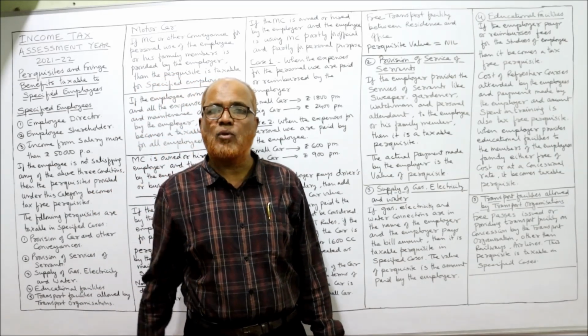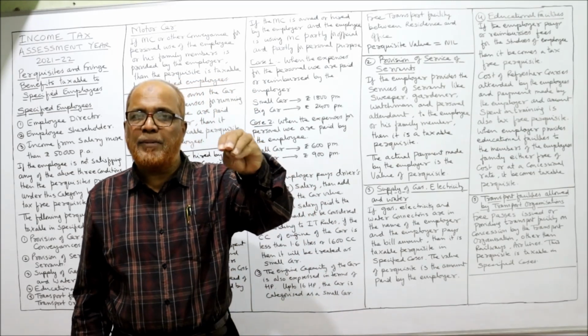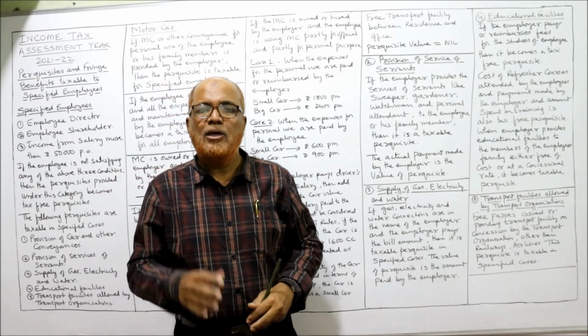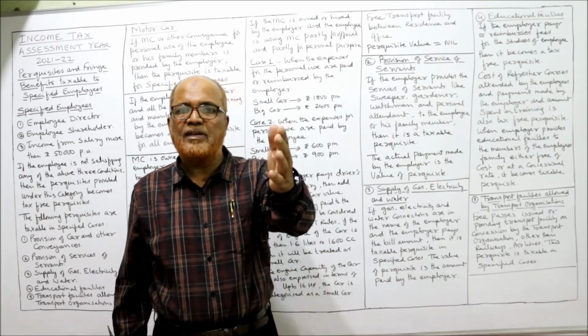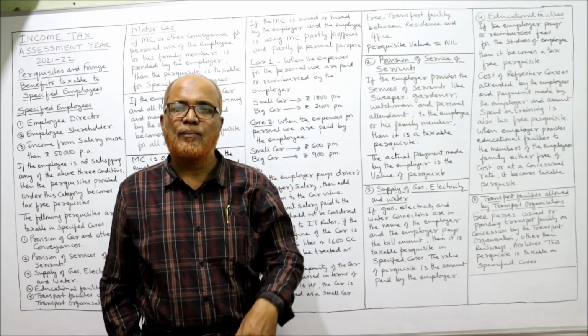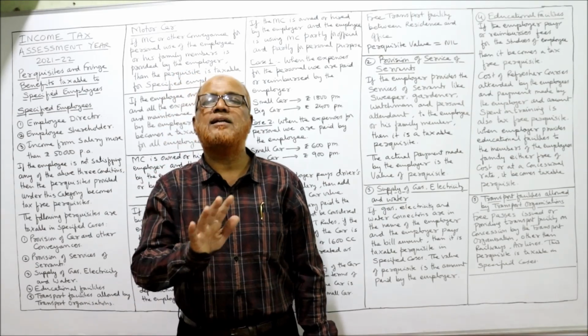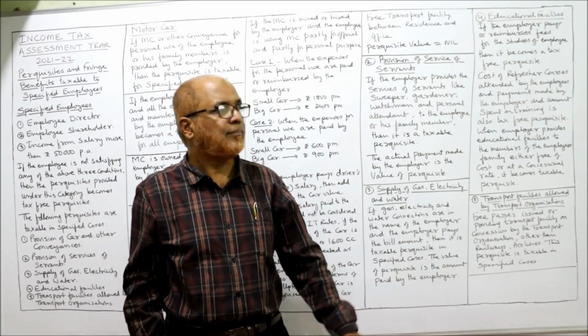Employee is undergoing some course, studying something, but the fees, if payment or reimbursement is made by the employer. You are my employee, you are undergoing some course, some studies, and the payment of fees is paid by the employer, or you have paid the fees and later on I have reimbursed. It's a tax-free perquisite because the studies are made by the employee.